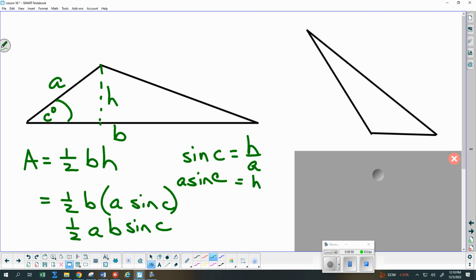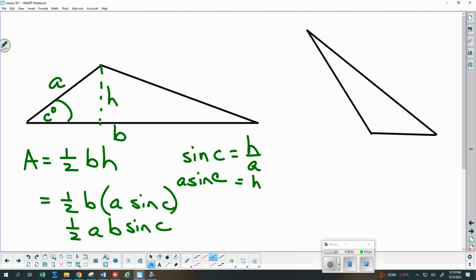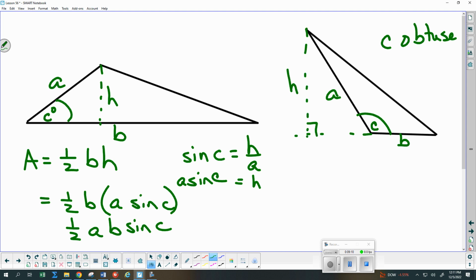However, if I have an obtuse triangle, and I let that be my base, and this be my other side, and so C is now an obtuse angle, that means that my height has to be outside the triangle like that.